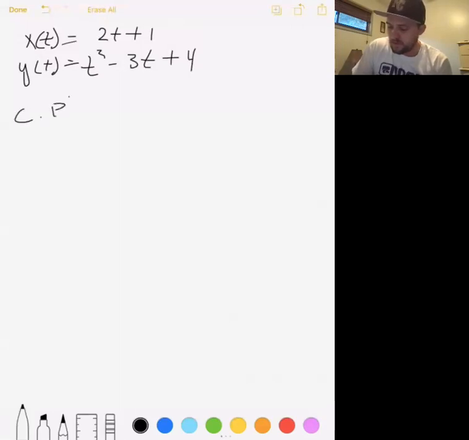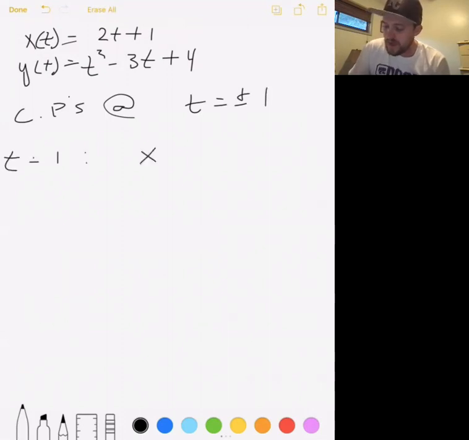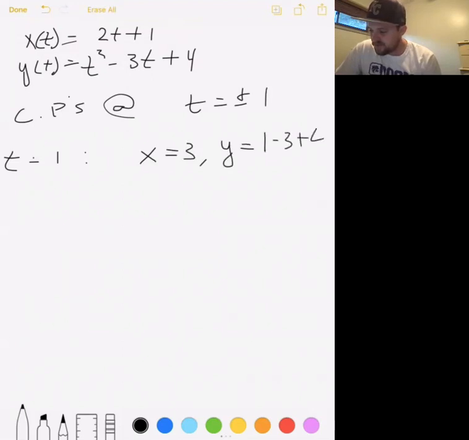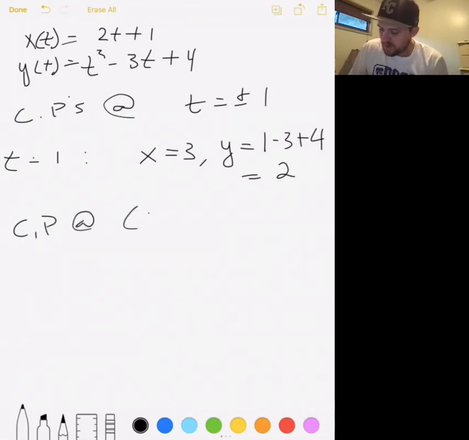So we have critical points at t equals plus or minus 1. At t equals 1, we get that x is going to be 3, and y, if we plug in 1, we'll get 1 minus 3 plus 4, which is 2, right? So that means we have a critical point at (3, 2).